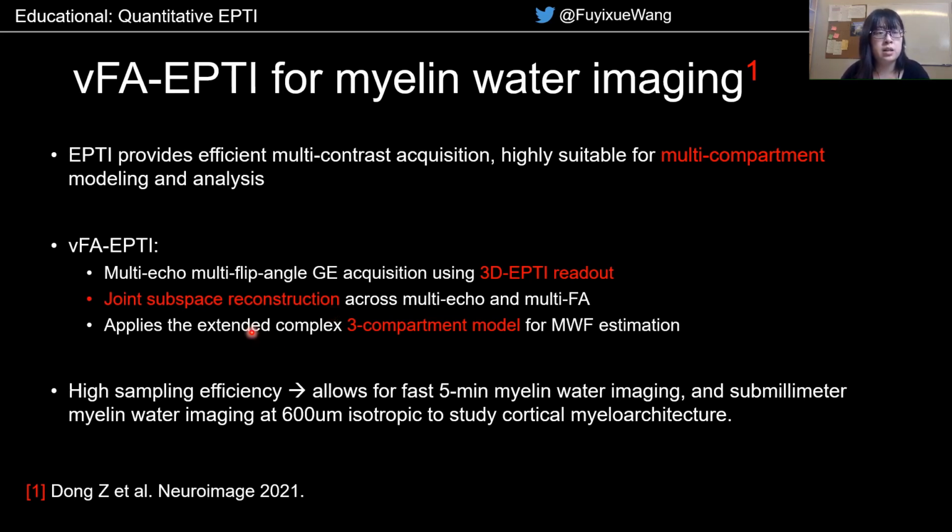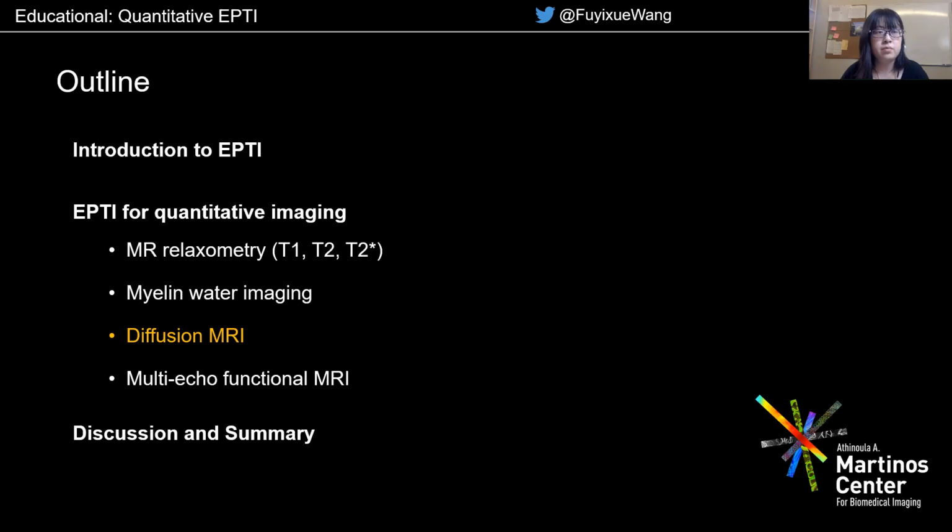And an extended complex 3-compartment model was applied for the myelin water fraction estimation. So the high sampling efficiency of EPTI allows for fast myelin water imaging and sub-millimeter myelin water imaging to study the cortical myelin architecture. So next, I want to talk about the application of EPTI for diffusion MRI.